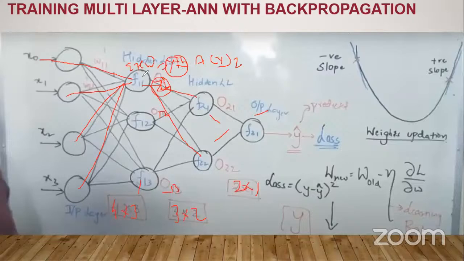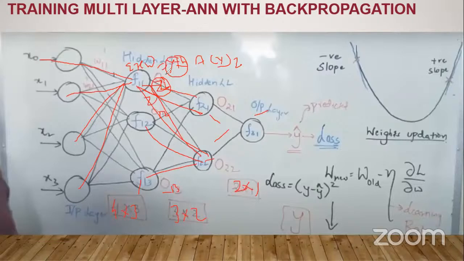When we are passing all the weights in step 1 and step 2, how does the weighted sum occur, for example for F22? For F22, whatever weights are there, let's say this one is going here, this one is going here, and this one is going here. For those respective weights, we have to multiply the Z's.